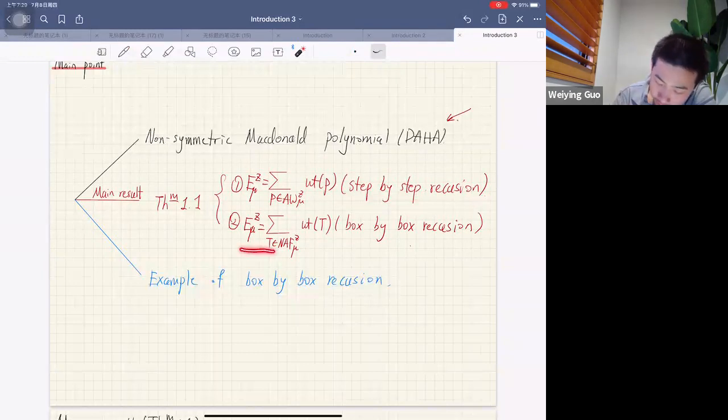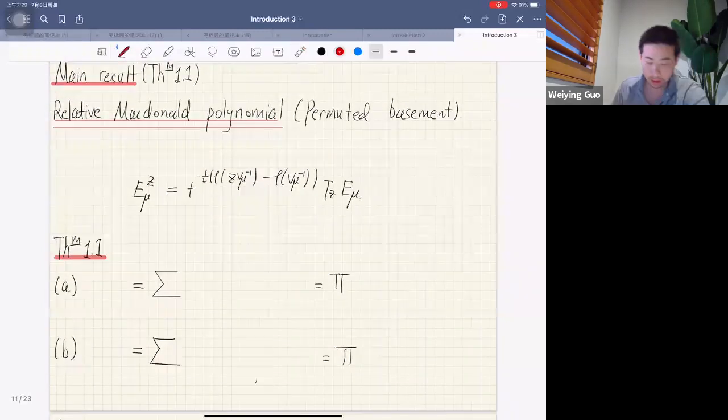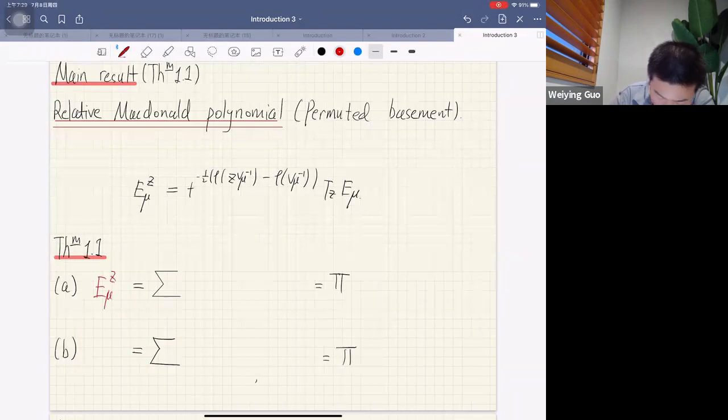And the second part is the box-by-box recursion, where we sum over some non-attacking fillings. Let's see how those statements are related. Let's write this formula again. For the permuted basement Macdonald polynomial E_{mu,z}, it's summing over some alcove walks, which we call P of type mu z, of their weights, weight of P.